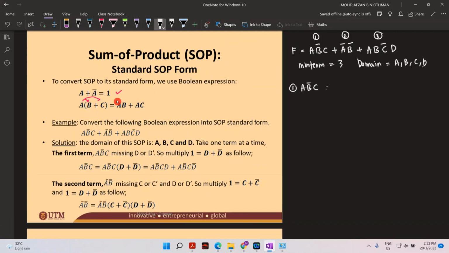Untuk yang ni, apa yang missing? D. Kita kehilangan sama ada D ataupun D bar. Okay, so macam mana nak buat? Kita tahu by using this rule, A plus A bar sama dengan 1.